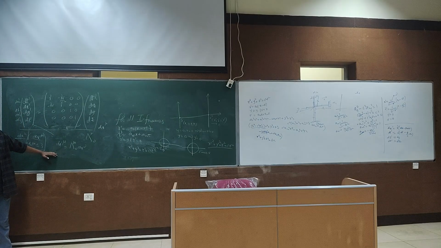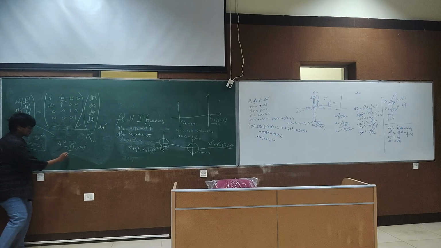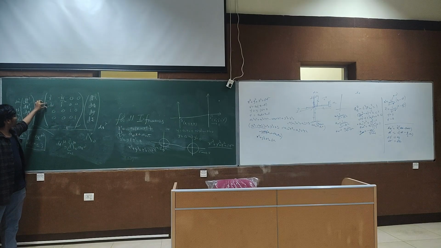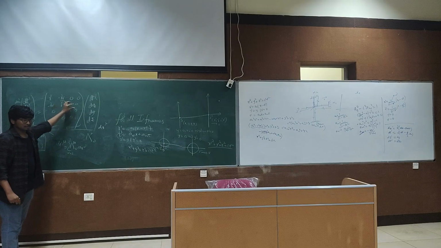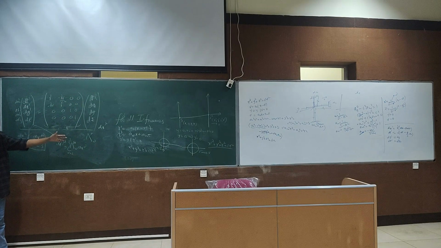Can I write it like this? Each element mu will be summed along the row with this. It is just the Aij definition written in a different form.